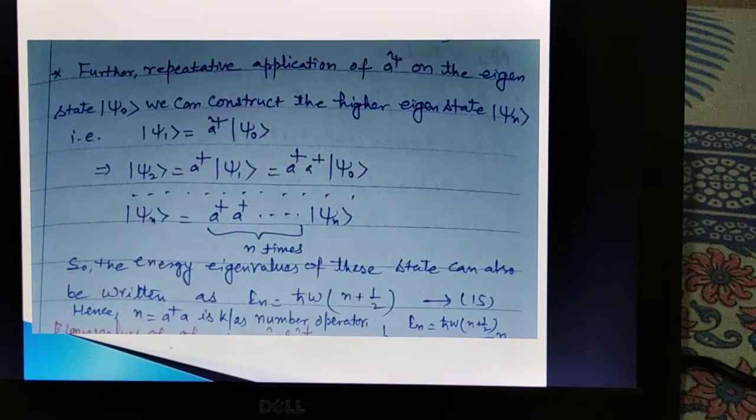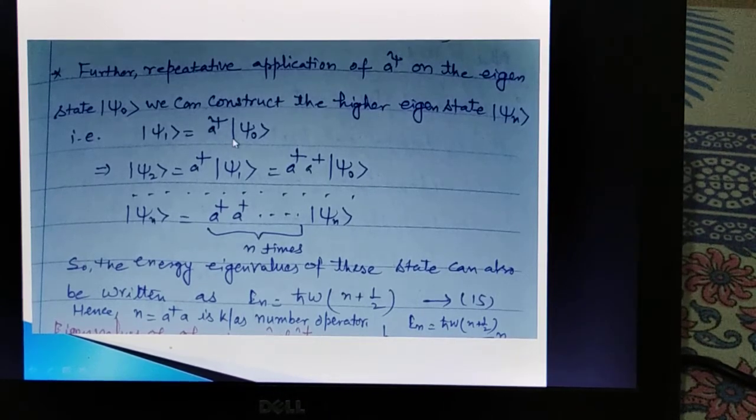And as I discussed already, the operation of A dagger on any eigenstate psi increases the energy eigenvalue. So if you apply A dagger on the state psi 0, then you can have a higher energy state. Say that energy state is psi 1, then you can write psi 1 equal to A dagger psi 0.